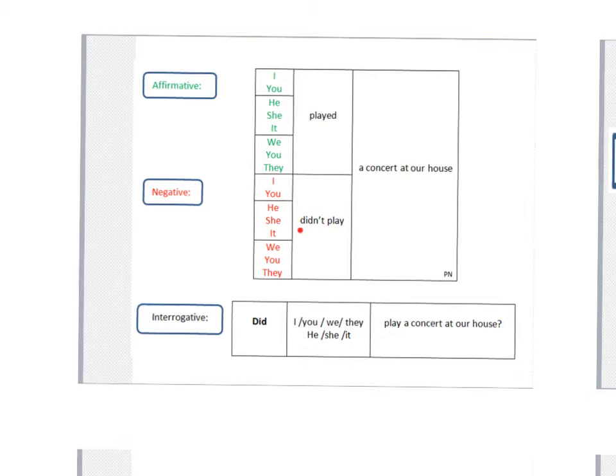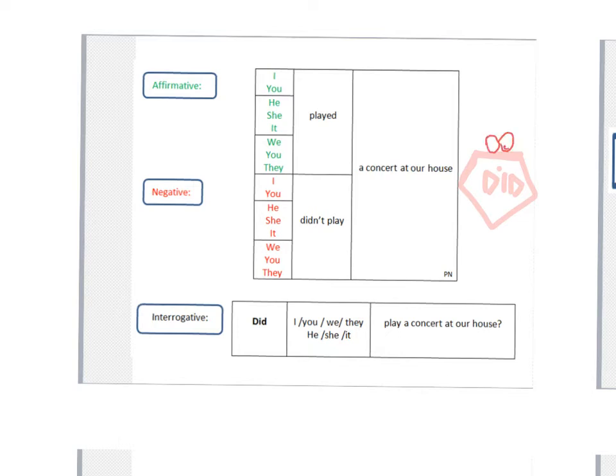If we want to write the negative, we should use didn't. Didn't, remember, is our super helper. Let's see if I can write it. We'll draw it. The super did is the verb that helps us to write the negative.